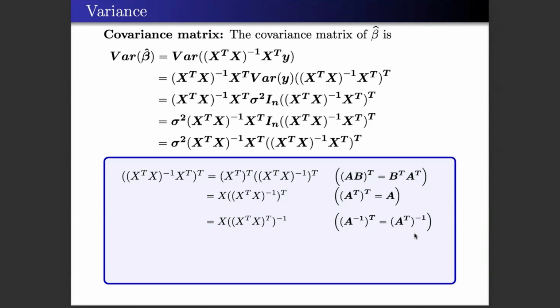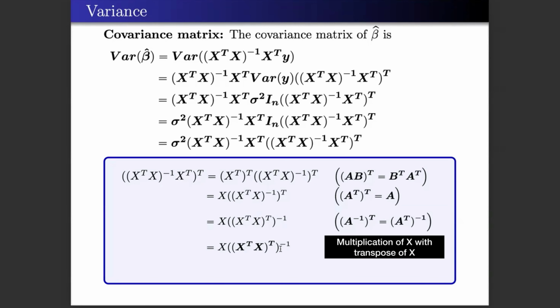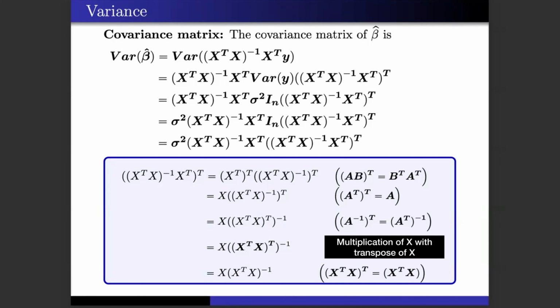We use this property over here and we get that ((X transpose X)inverse) whole transpose is equal to, we can just interchange transpose and inverse, the inverse of the transpose of X transpose X. Further, we write the matrix X as it is. But if we look at the second term inside the inverse, we have the transpose of the matrix X transpose X. And here we can apply a property of transpose, that X transpose is a matrix A, X is a matrix B, and (AB) whole transpose is equal to B transpose times A transpose.